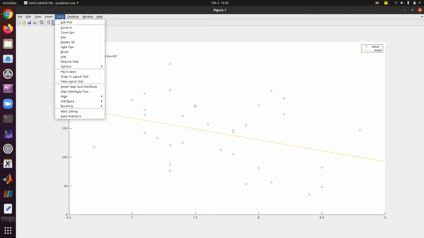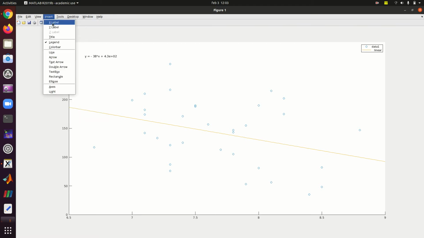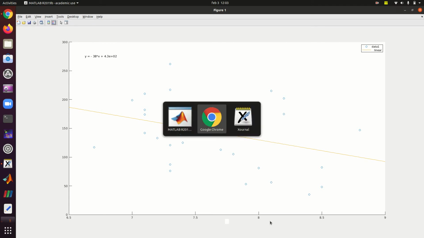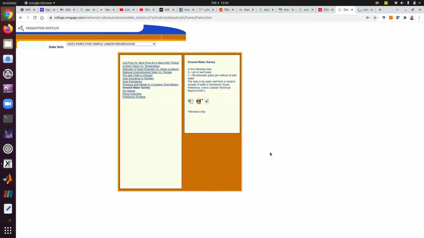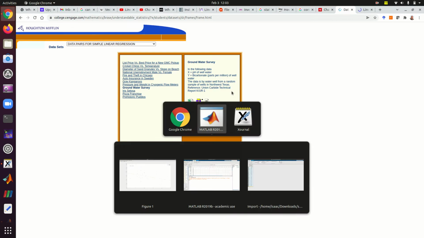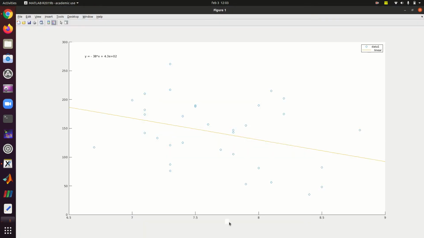Maybe if we also want to insert labels, in the X label here, I think they said it was the pH of the water. Was it the pH of the water? I'm not so sure. Let us see our data again. So what was it saying? X is the pH of the well water, and then Y is the bicarbonate in parts per million.